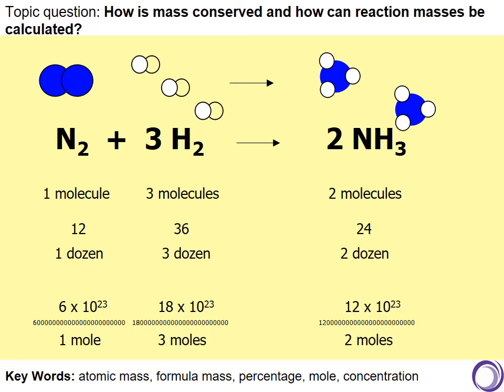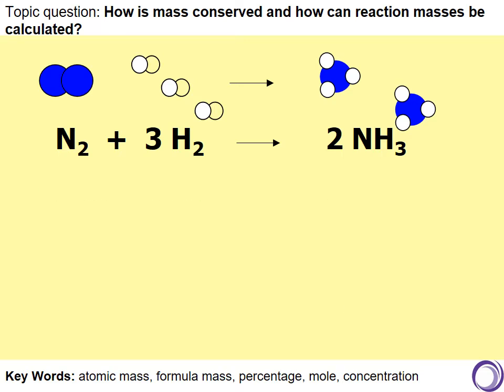You'll see in each of these the ratio of atoms remains the same. So sticking with this equation, 1 molecule, 3 molecules, 2 molecules, and we've still got the ratio 12, 36, 24.